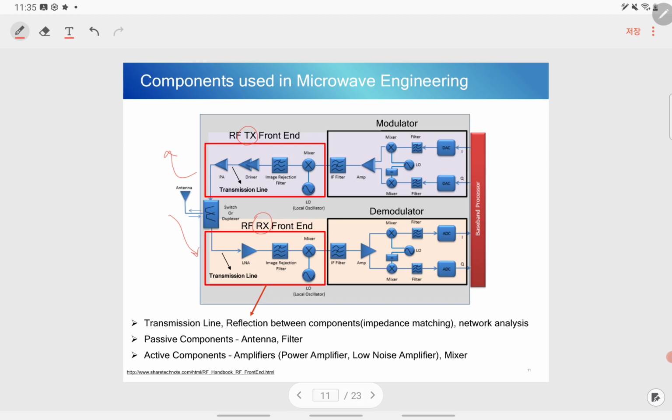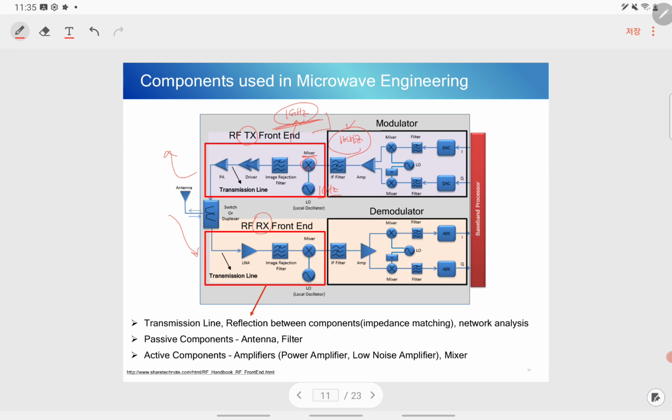Take this modulator: say we have a 1 kilohertz signal, not thinking about voice. And then we mix in some high frequency, about 1 gigahertz, so in this red box we have a signal near 1 gigahertz, much higher frequency than the modulator side, right?